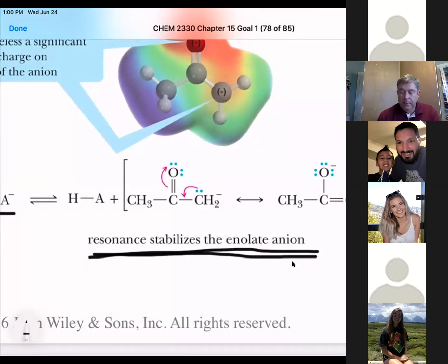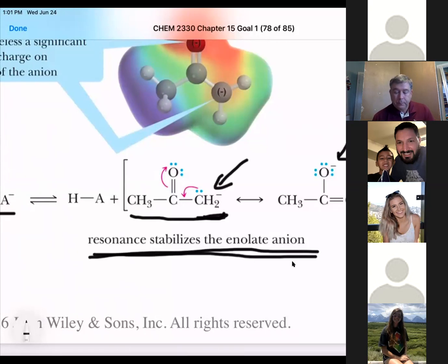So what we're seeing here is that when we first form it, the negative charge is on this carbon here. However, we can move electrons back and forth and have it stay on this oxygen, maybe most of the time, maybe some of the time. But once it goes back to being on this carbon here, it is the stronger of the two as far as being a nucleophile. The carbon nucleophile that we form here is stronger than the oxygen nucleophile that we generate here, meaning it's going to do the next reaction, okay?